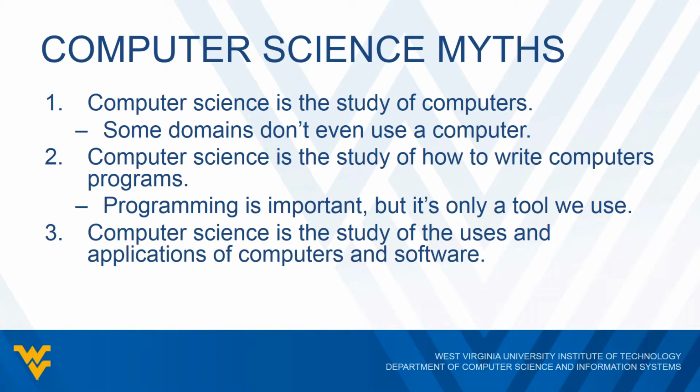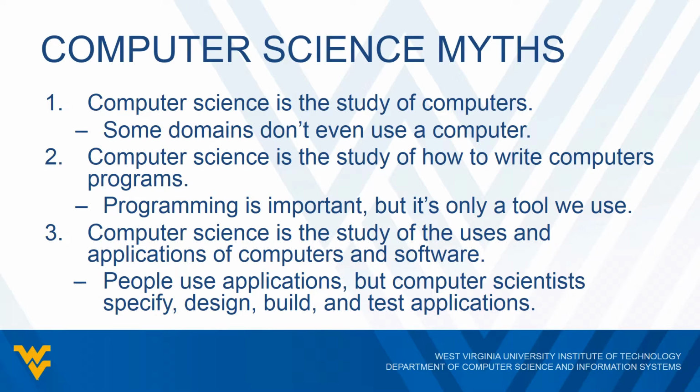The third myth is that computer science is the study of the uses and applications of computers and software. Yes, we do use different types of programs to help us with varying tasks, and people do use these applications. But what a computer scientist does is specify, design, build, and test applications. It's the whole development process.